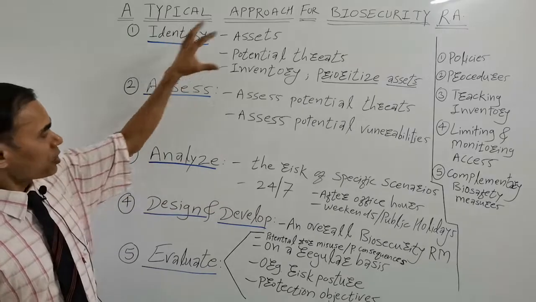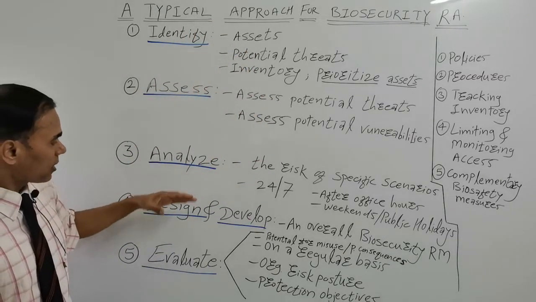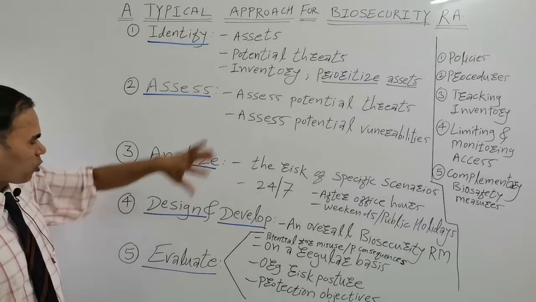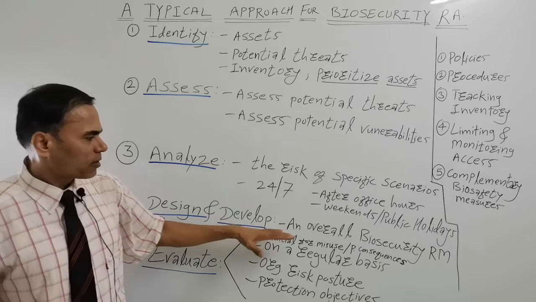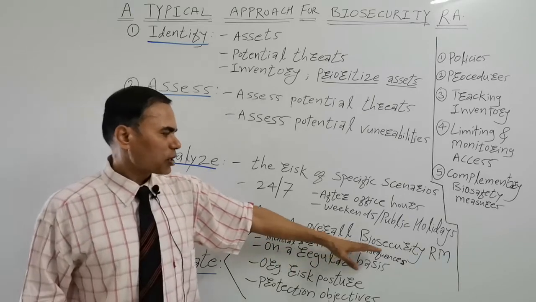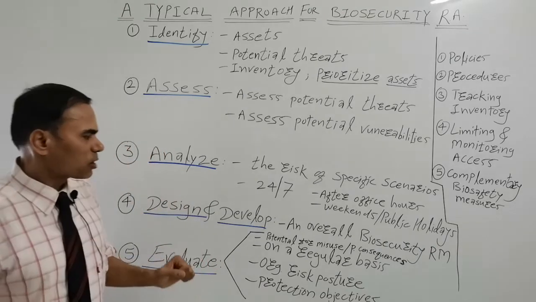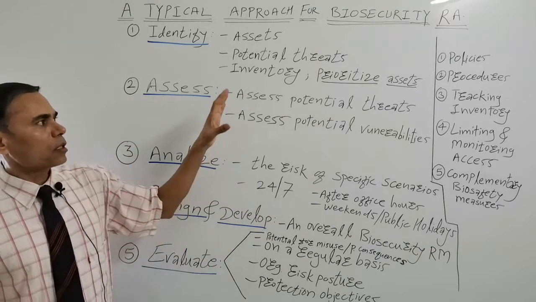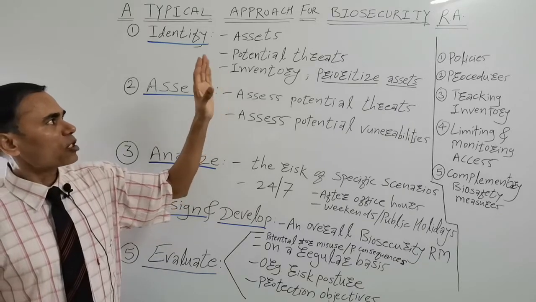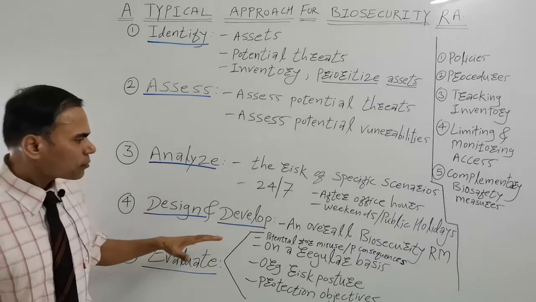Once you do this analysis, by considering all the data you have from the first, second, and third steps, then based on this holistic picture, you can design and develop your overall biosecurity risk management program. For this purpose, you need to consider all the elements which are important for the biosecurity of your laboratory or facility.